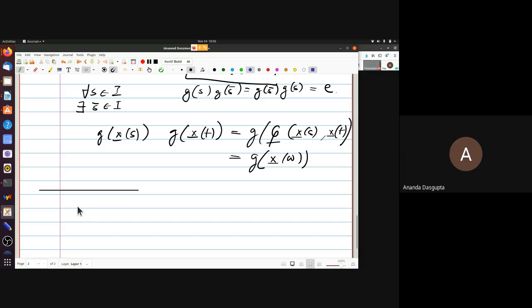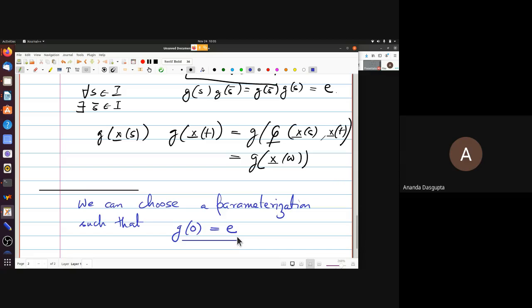Okay. The one important thing is we can always choose a parameterization. So in other words, what we are doing is we are going to choose our parameters in such a way, the one parameter in such a way that when I assign it a value 0, I get the identity.